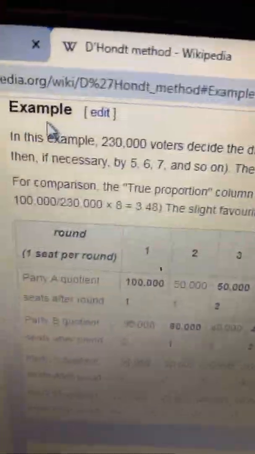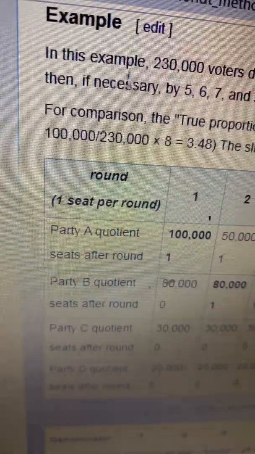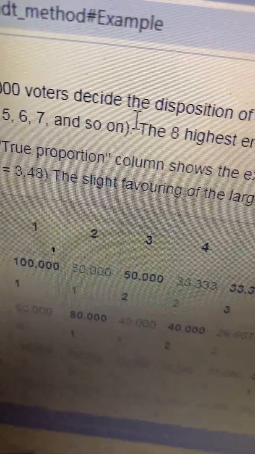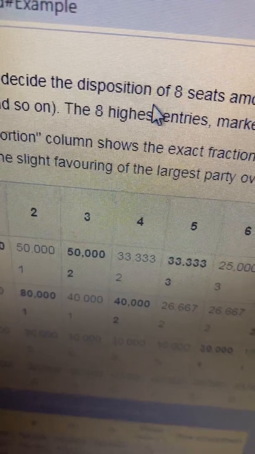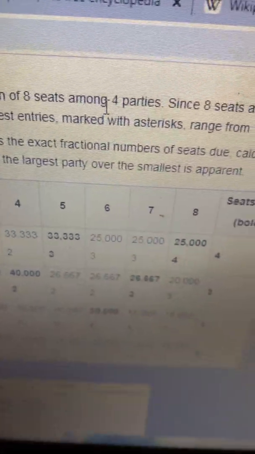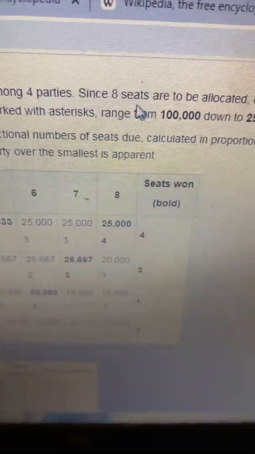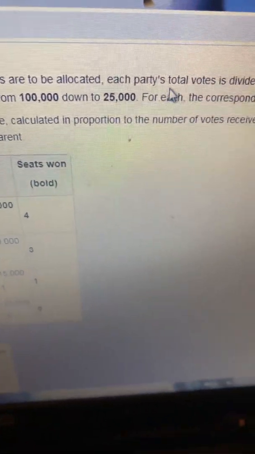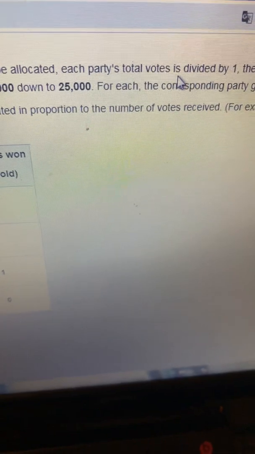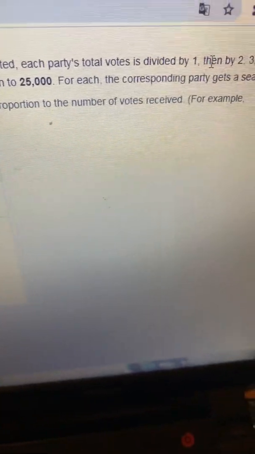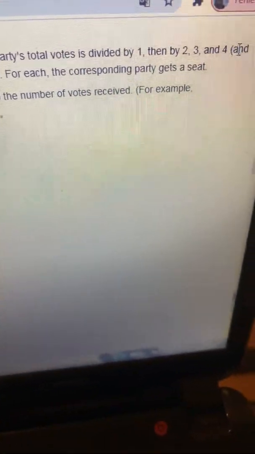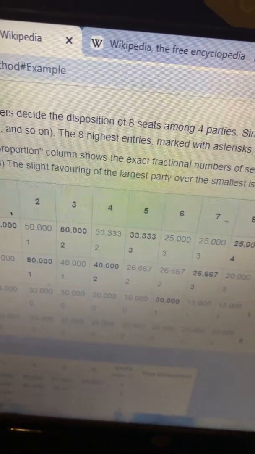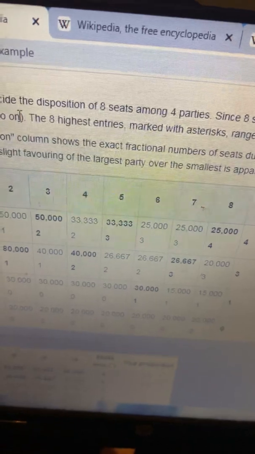In the D'Hondt method, in this example, 230,000 voters decide the disposition of 8 seats among 4 parties. Since 8 seats are to be allocated, each party's total votes is divided by 1, then by 2, 3, and 4, and then if necessary by 5, 6, 7, and so on.